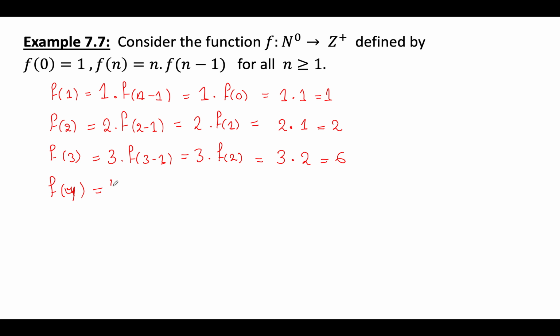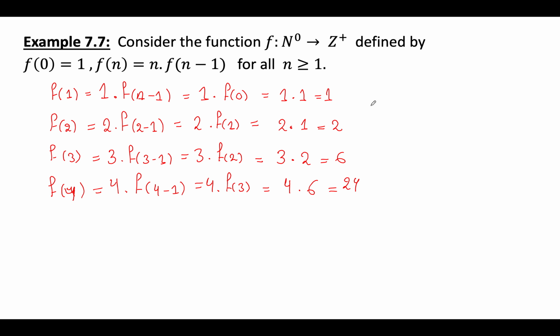Alright, now f(4) is equal to 4 times f(4-1), which is equal to 4 times f(3). So here 4 times f(3) is 4 times 6, which is equal to 24.